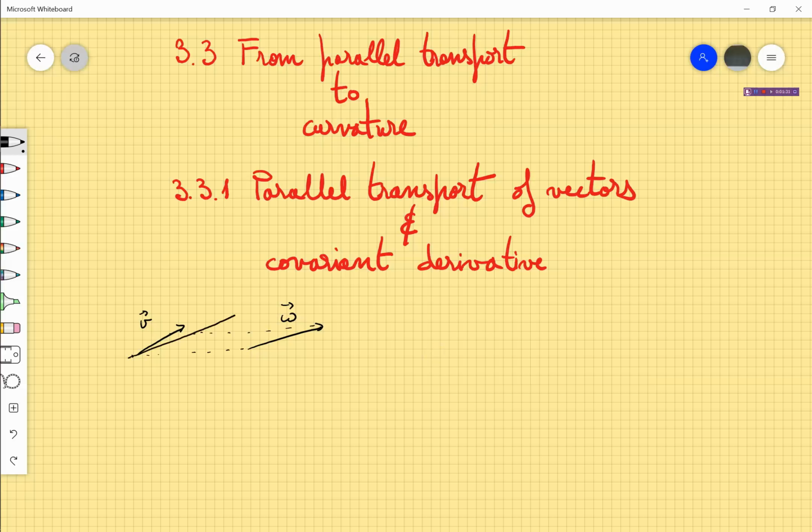And okay, if they are superposed, when they share the same origin, then you say they are parallel. This would mean, if they are parallel, if there is some positive real number a such that V is equal to aW.